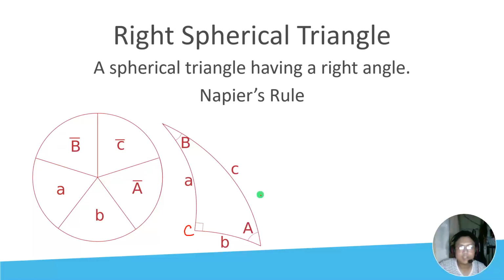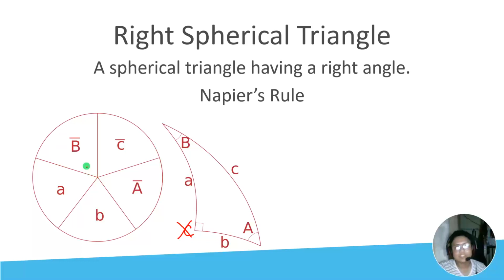Then write down the sides and the spherical angles in order, except the 90-degree angle, or the right angle C. So, as you can see here, don't include angle C, but write down A, B, then next to side B is angle A, then side C, and angle B.